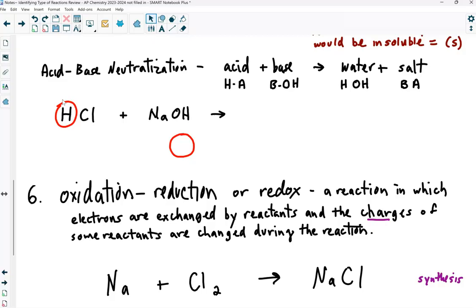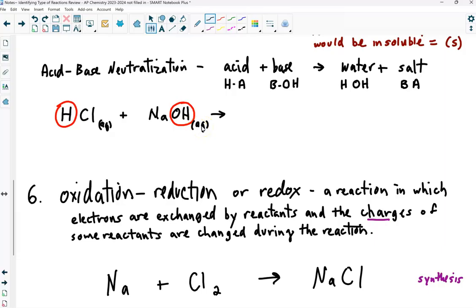So HCl, if this would be aqueous, it would dissolve into hydrogen ion and chloride ion, and sodium hydroxide is a base. Well, the simplest definition of a base is a compound that contains hydroxide ion. Again, this would just be dissolved in water, and it would dissolve and it would be aqueous.